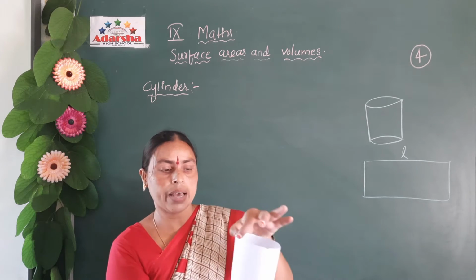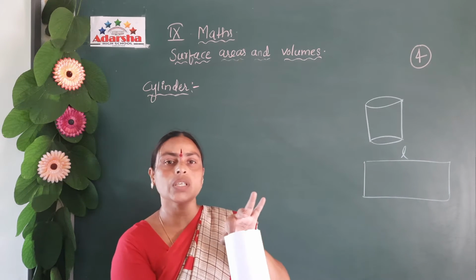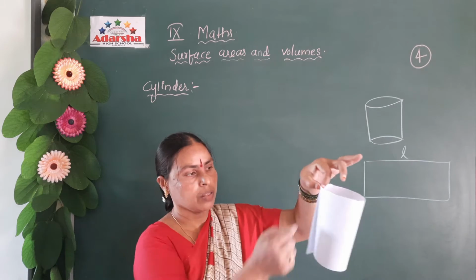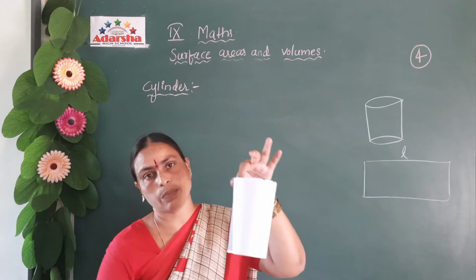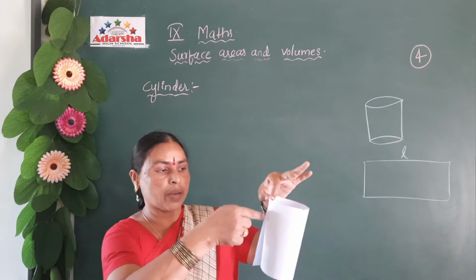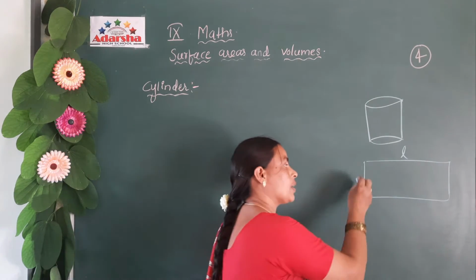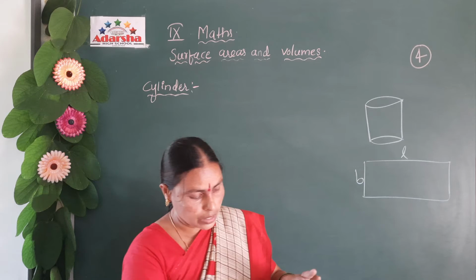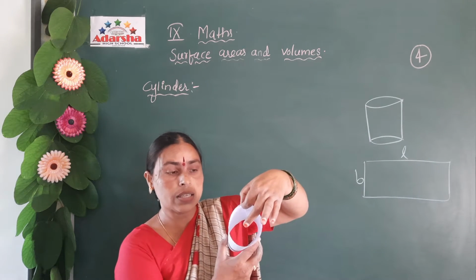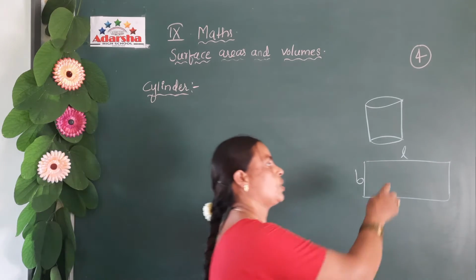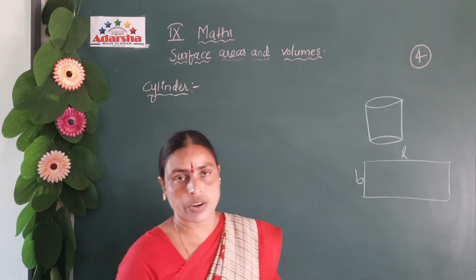Here the cylinder has a height and two circular faces. This is the height of the cylinder and these are the two circular faces of the cylinder. The height of the cylinder is the breadth of the rectangular sheet, and the circular face perimeter, that is the circumference of the circle, is equal to the length of the rectangle.